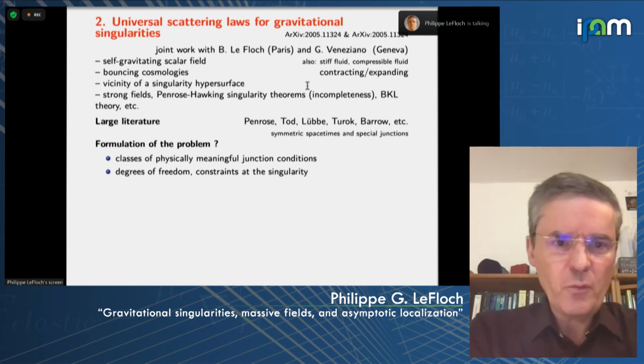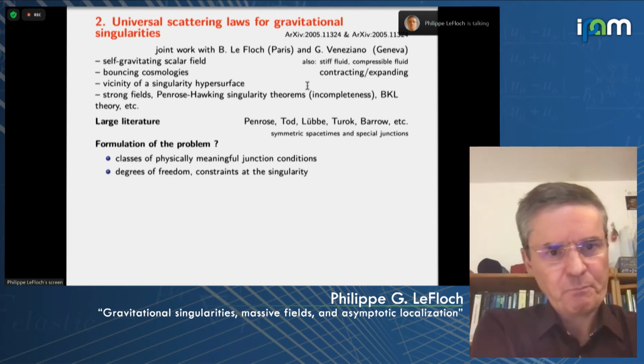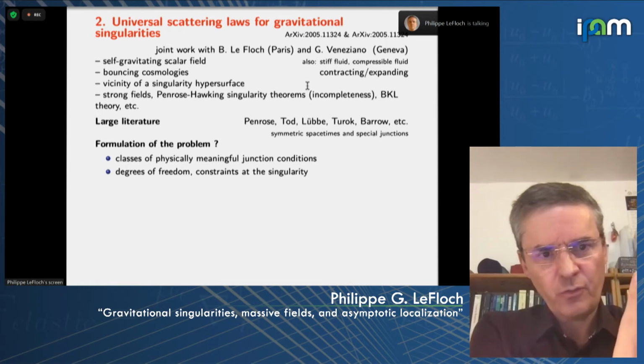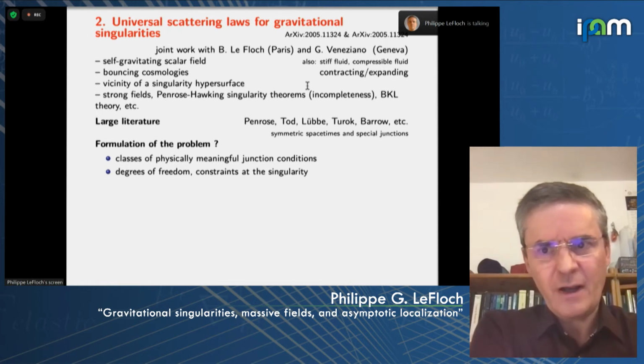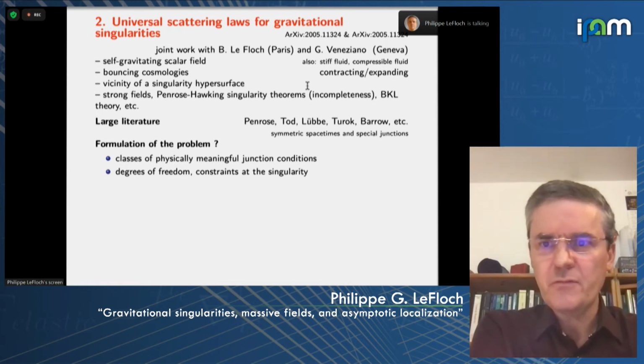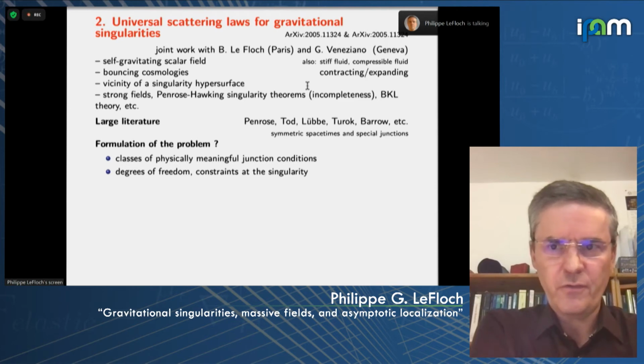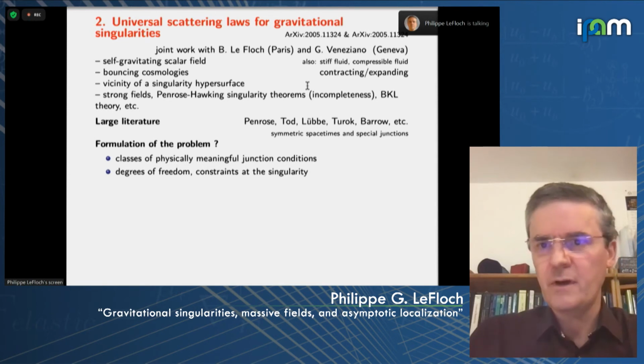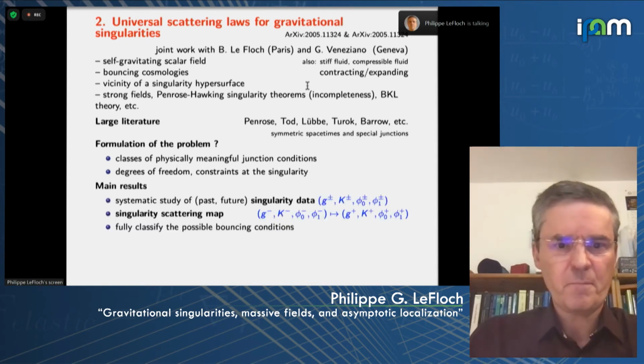So I would like to formulate the problem by having in mind that there are classes of physically meaningful junction conditions that I would like to exhibit. And I ask the question, what are the degrees of freedom? What are the constraints at the singularity across the interface?